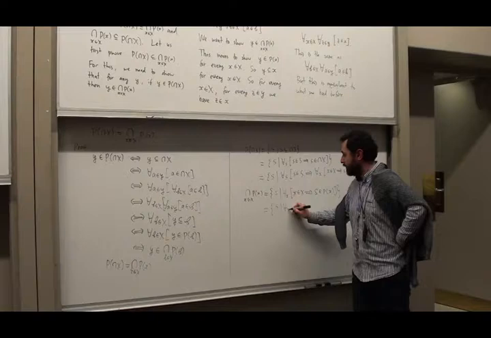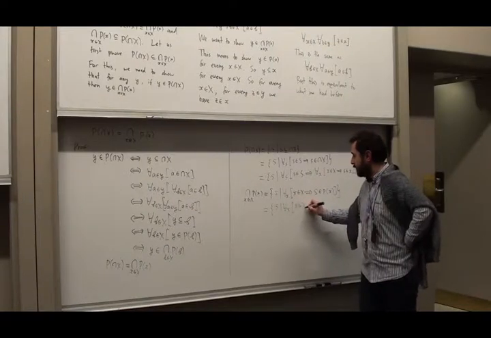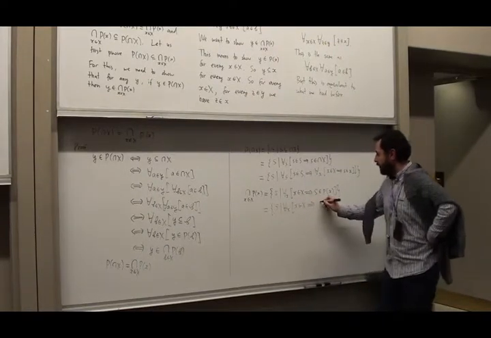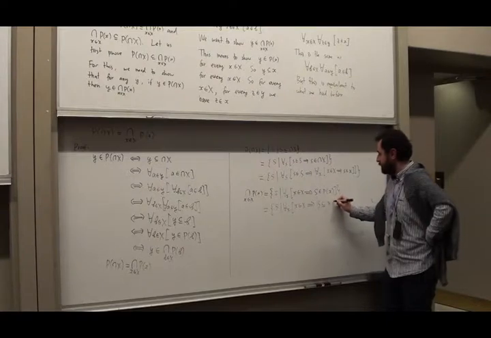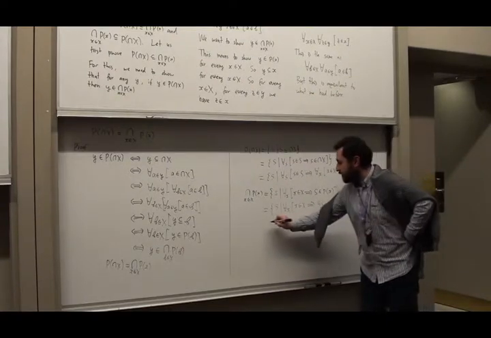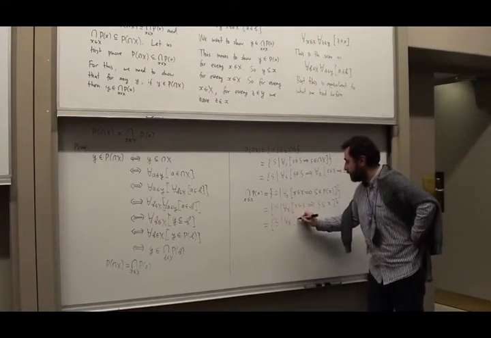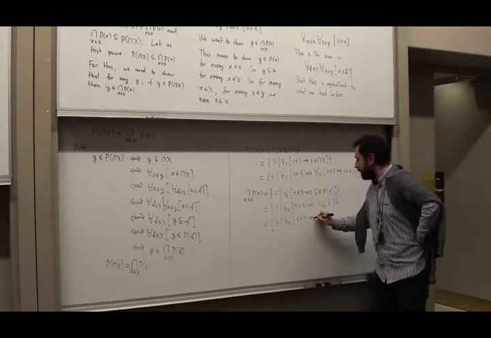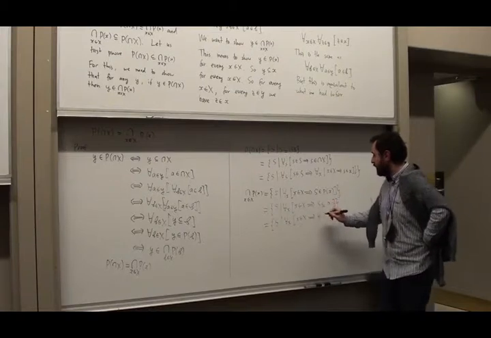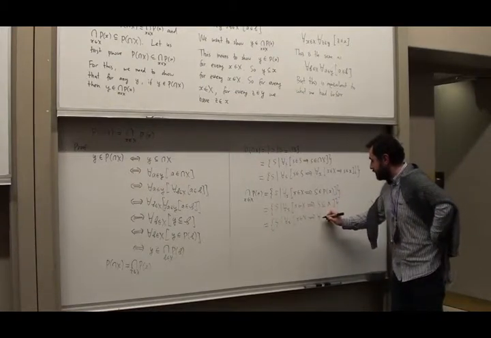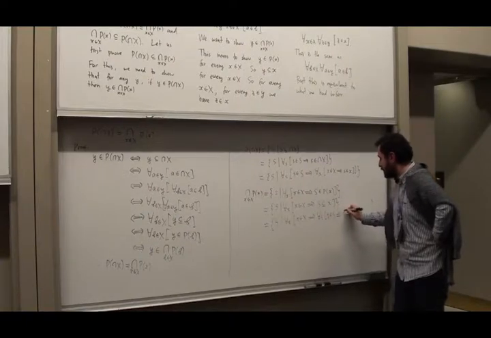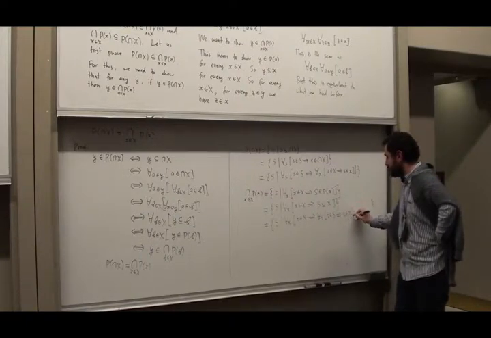Then we've got this. Here we have s as a subset of x. Here we have for every element in s, let's say every t is in s implies t is in x.